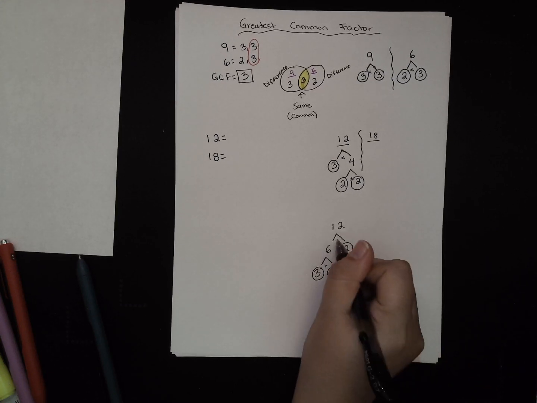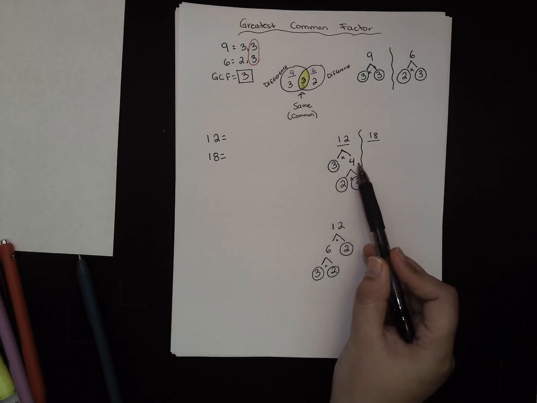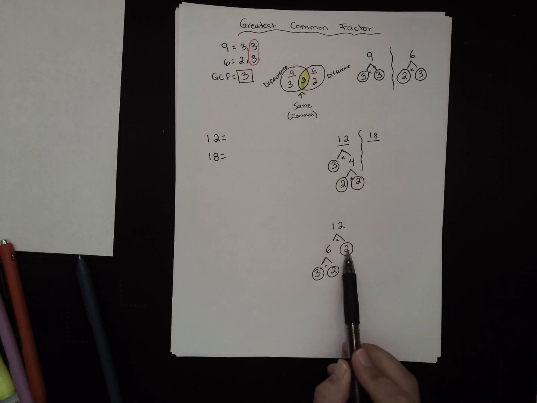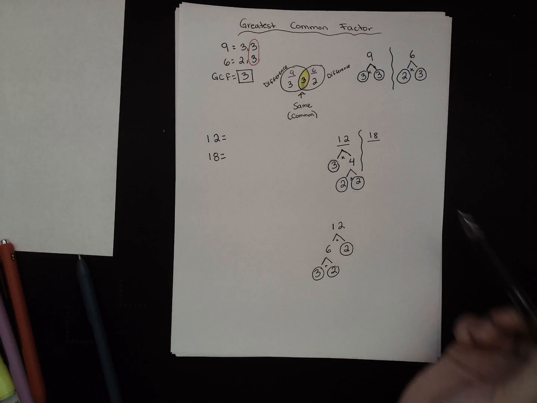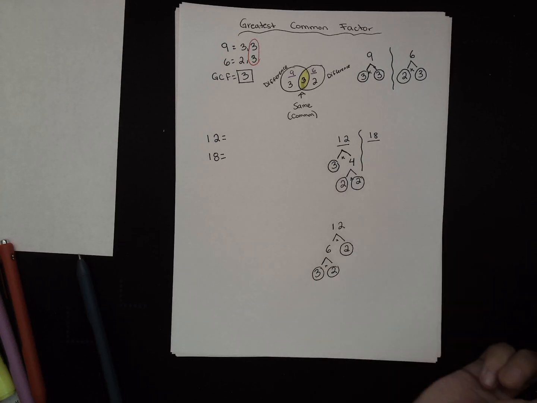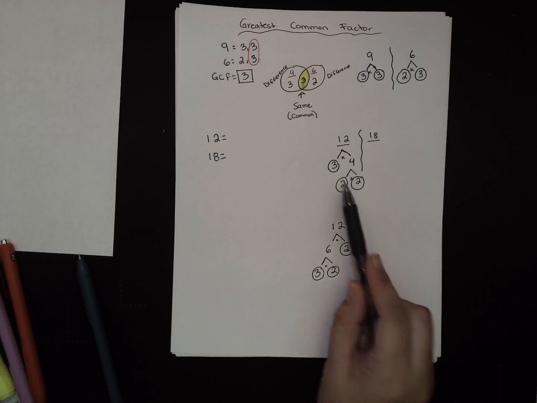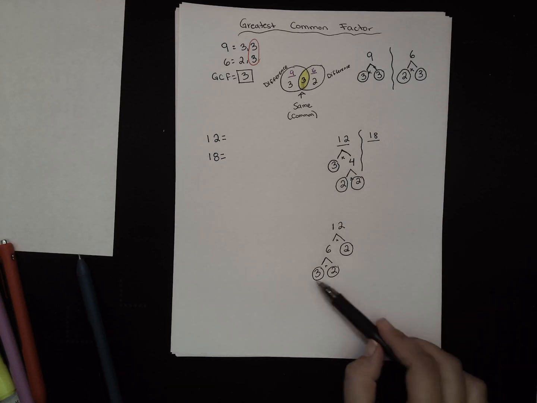Now, I want you to notice something. Even though you started off with different factors, at the end, you are still going to find the same factors, the same prime numbers. So look how you have 2, 2, and 3. Over here you have 2, 2, and 3.